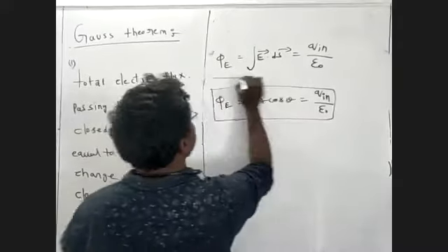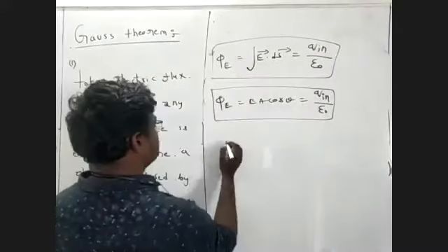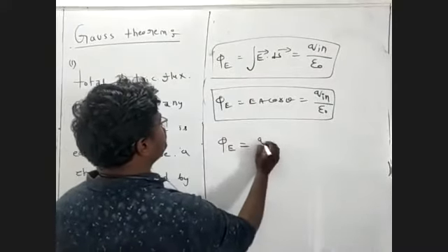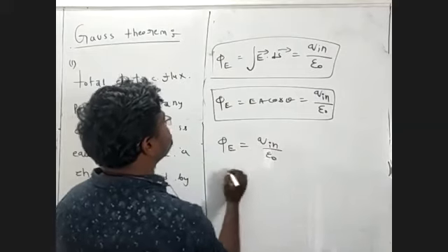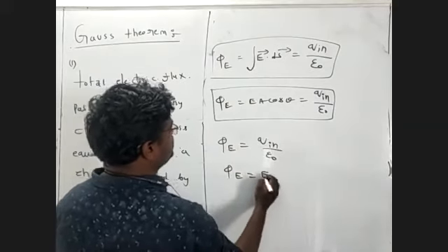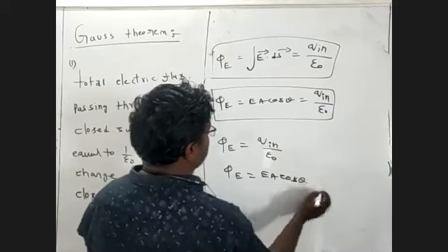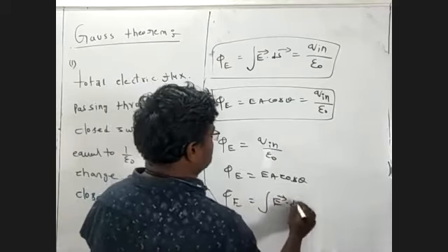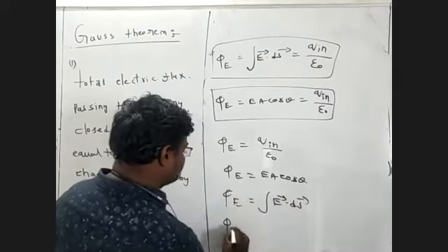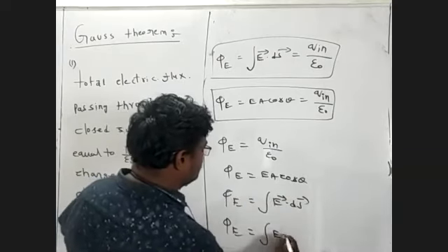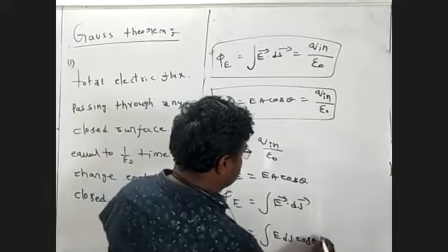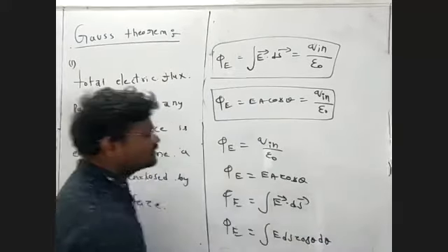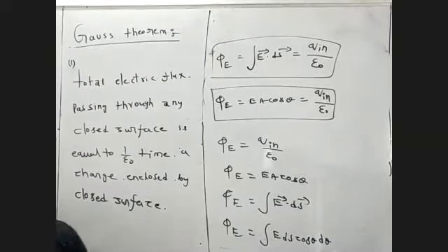You can use this one. So phi is equal to Q n by epsilon naught, and phi is equal to EA cos theta. Or otherwise phi is equal to integration of E bar dot dS bar, or integration of E dS cos theta, also you can write. You can use that formula.